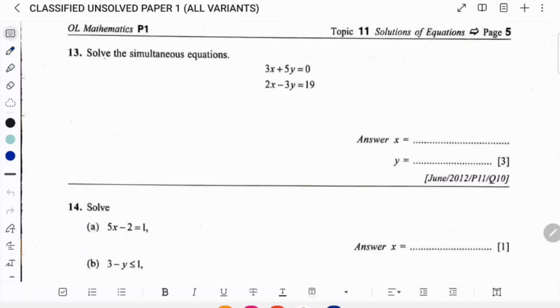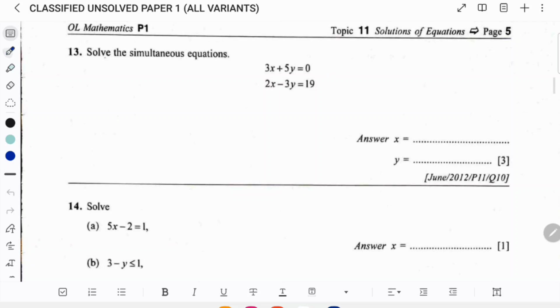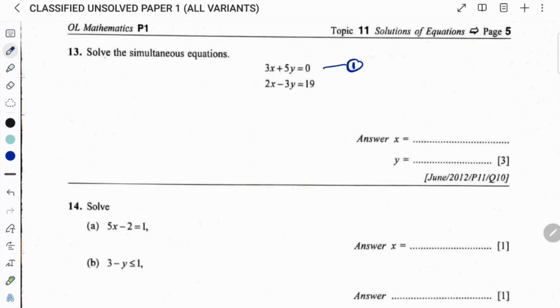Now in question number 30, solve the simultaneous equations 3x plus 5y equals 0 and 2x minus 3y equals 19. You cannot see any variable with a coefficient of 1, so the elimination method will be easier here.